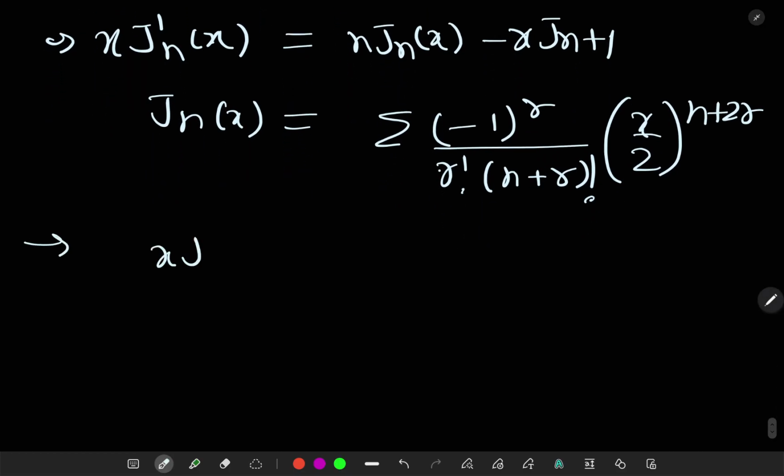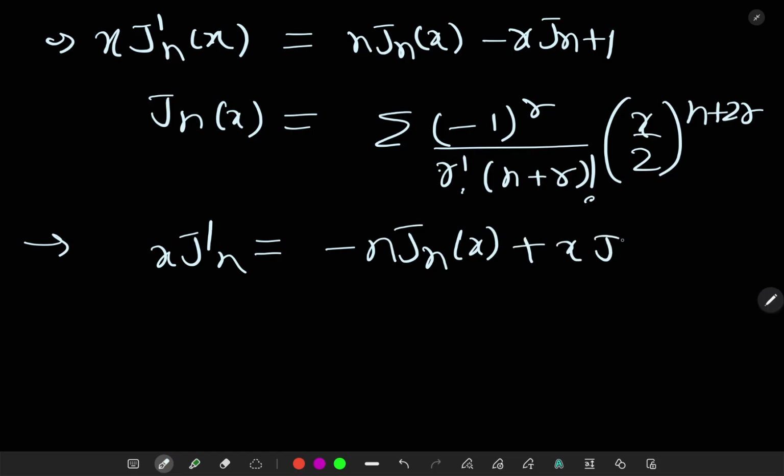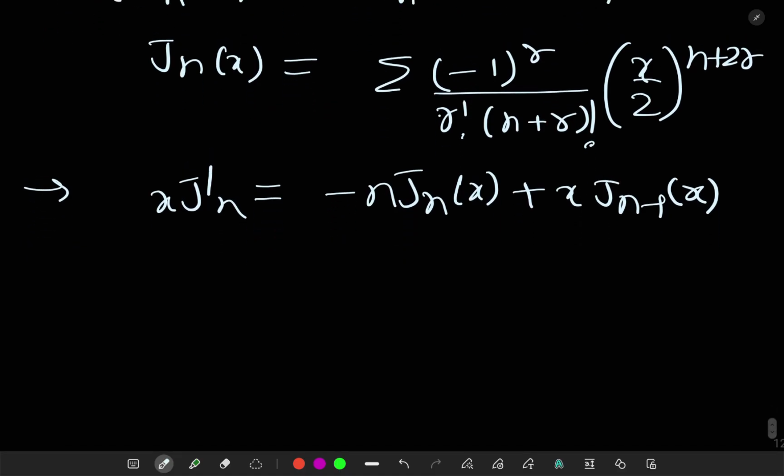Now another recurrence formula, this. We can get this formula similarly using this. Now this is the third recurrence relation.